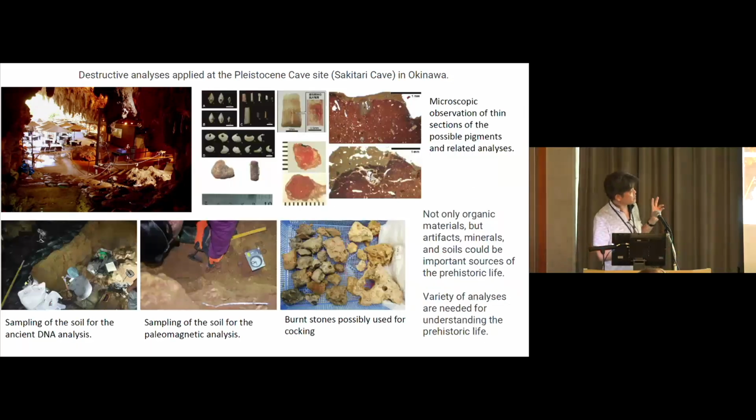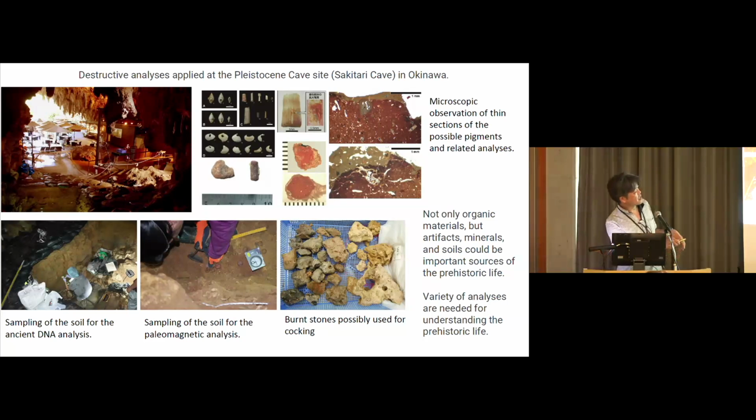And we have a variety of materials from the site, and we now have an ongoing project including destructive analysis. For example, the thin section observation of the pigment obtained from this site. And we are trying to get ancient DNA from the soil sample, and also conducted a paleomagnetic analysis to determine the hearth.